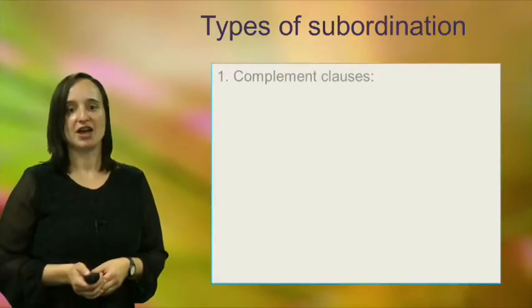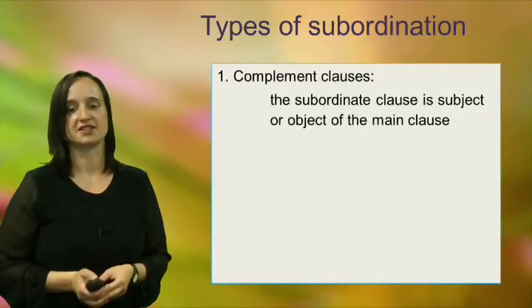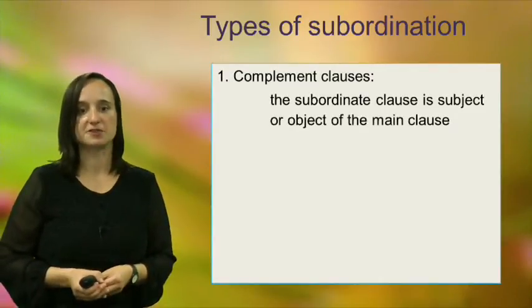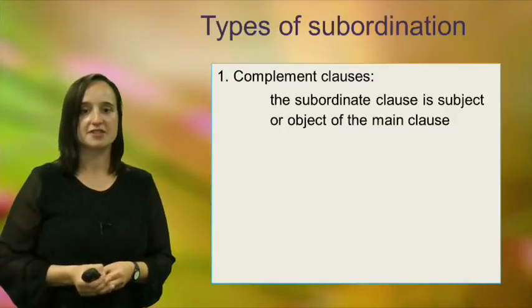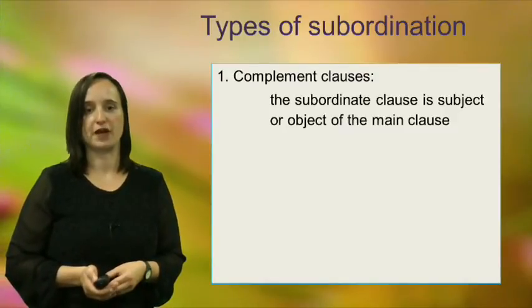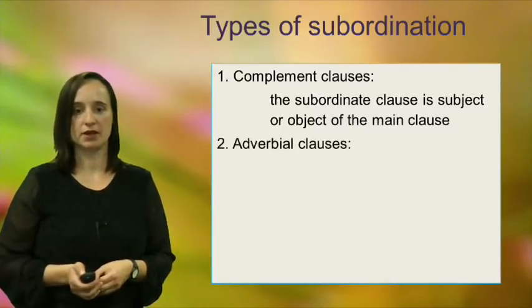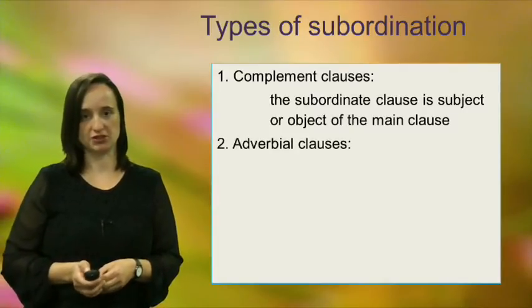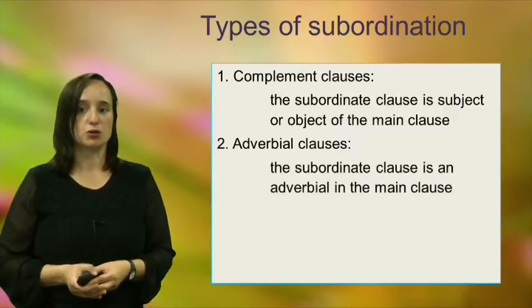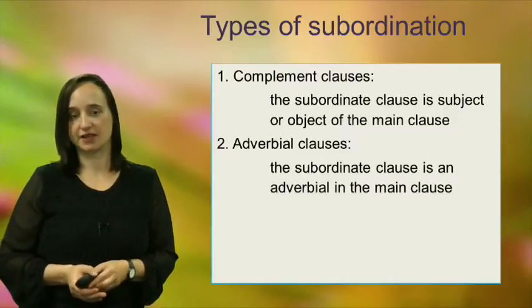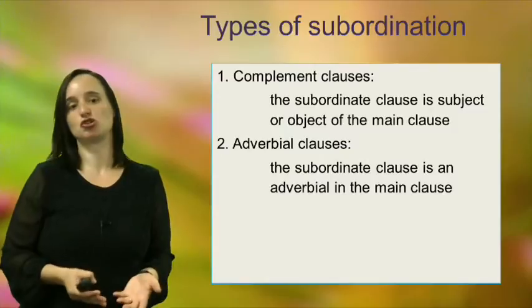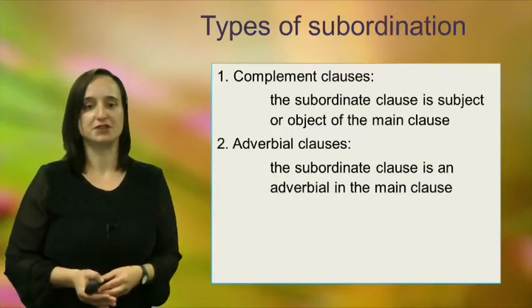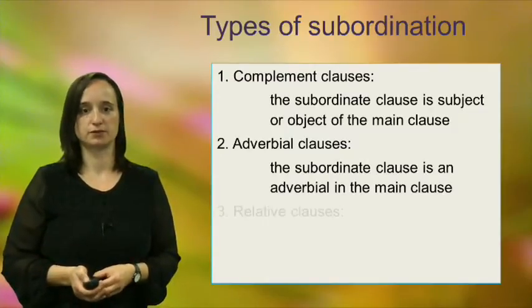So, starting with complement clauses, this is a type of subordinate clause that is either the subject or the object of a main clause or a higher ranking clause. Then we've got adverbial clauses, and these are clauses that act as an adverbial, an additional non-obligatory element in the main clause.